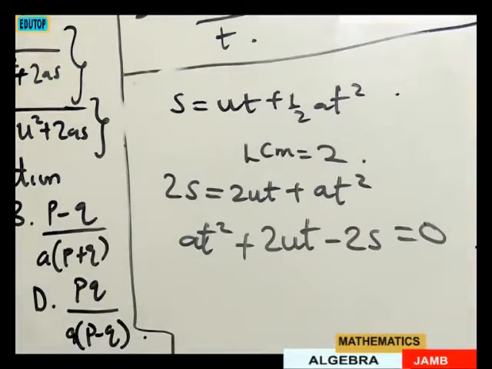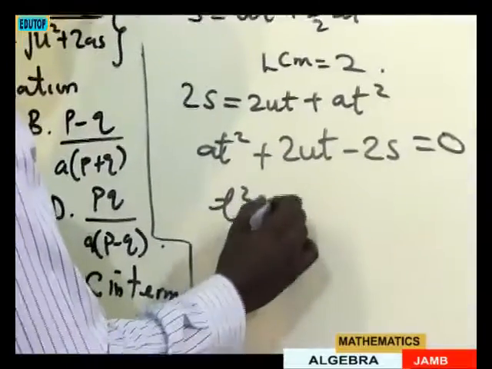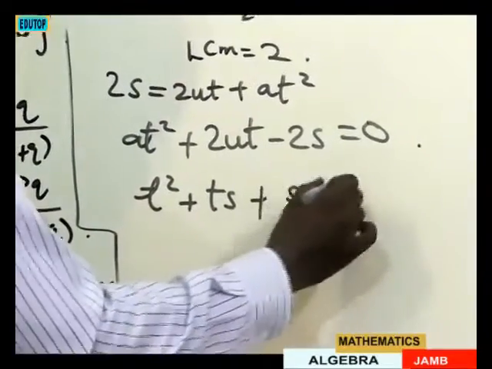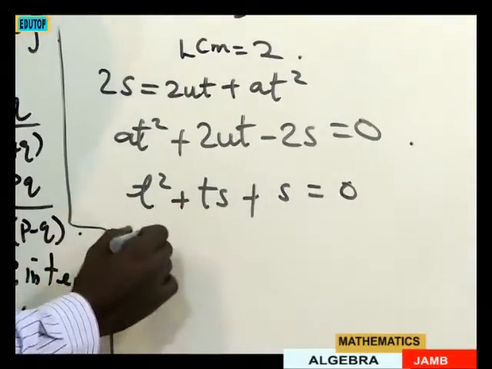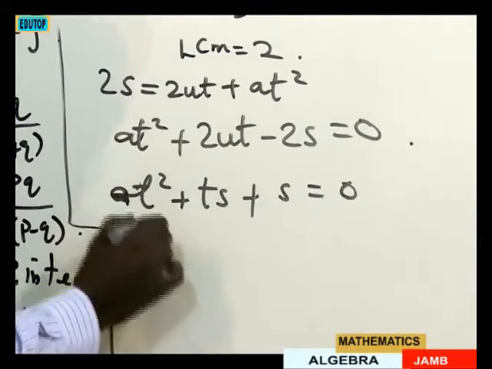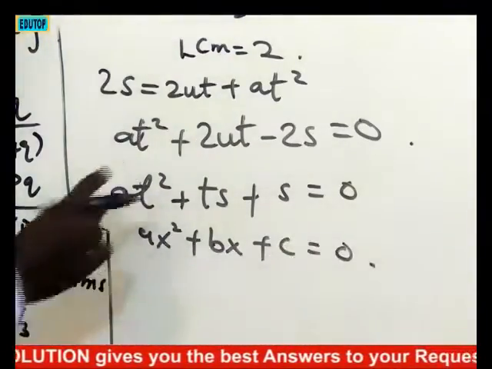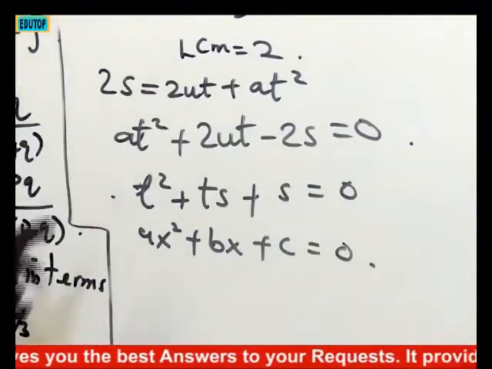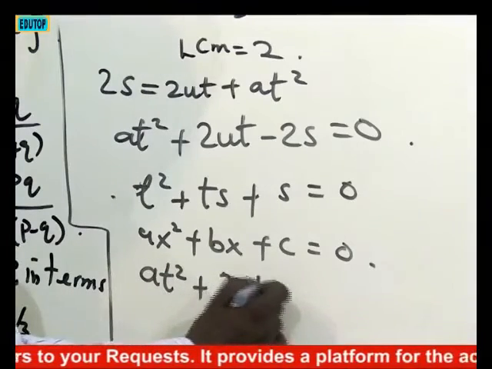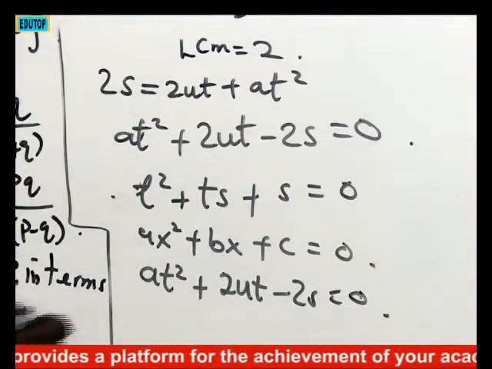Now it is looking like a quadratic equation. A quadratic equation is of this format: ax squared plus bx plus c equals 0. So I want to restructure this one so that it will look like that. Then I have at squared plus 2ut minus 2s equals 0.